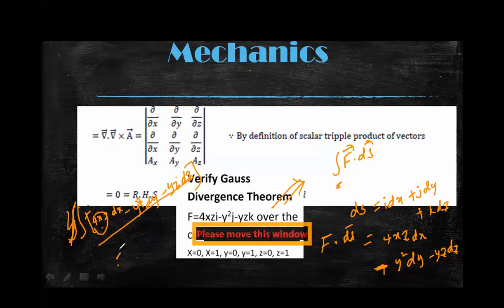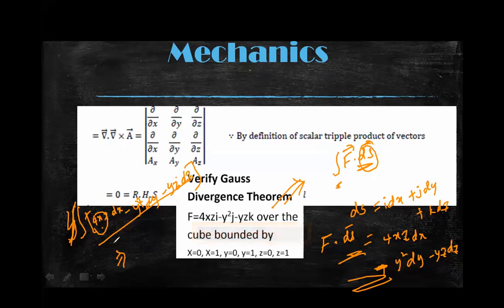See what answer you get, then based on that we'll decide. I think whatever we did is correct. Up to here is fine. Then after applying the limits, whatever value you get, finally you have to integrate again with respect to x or z.